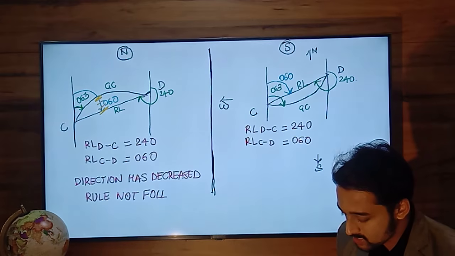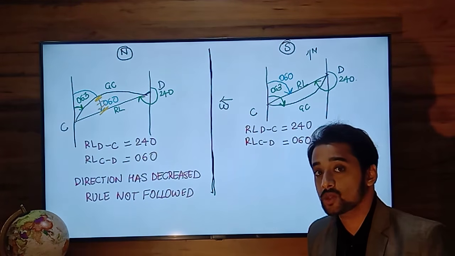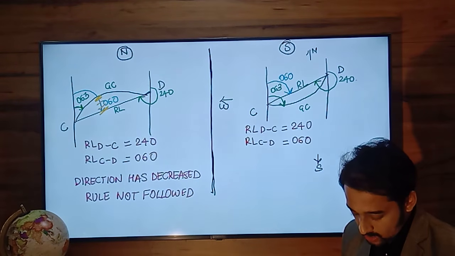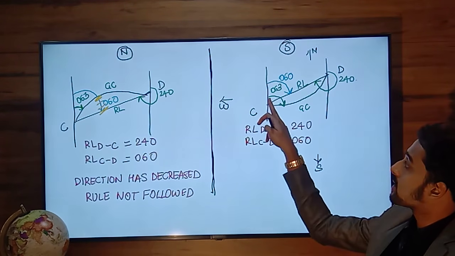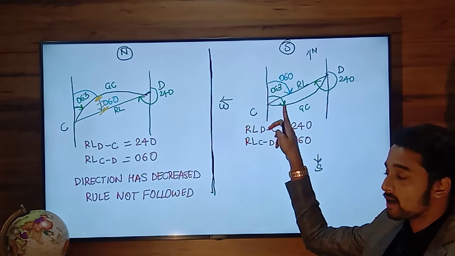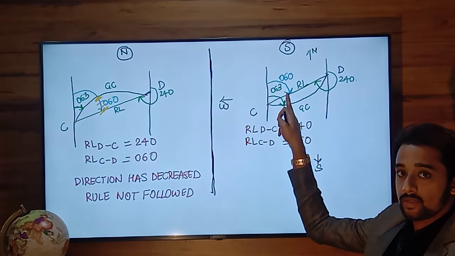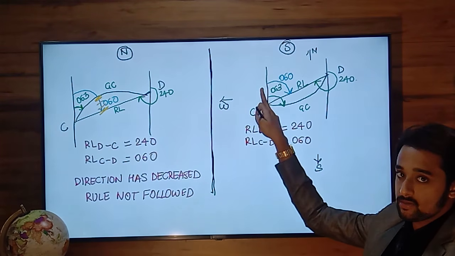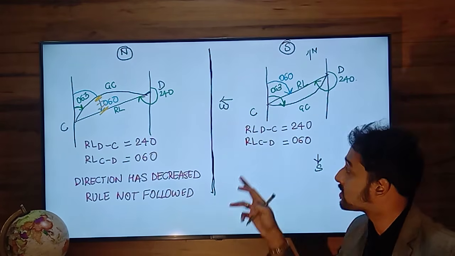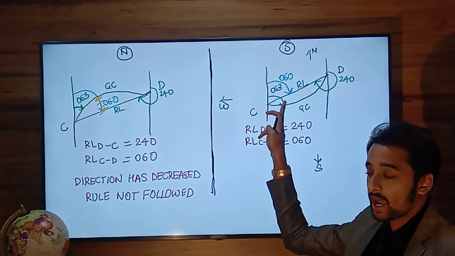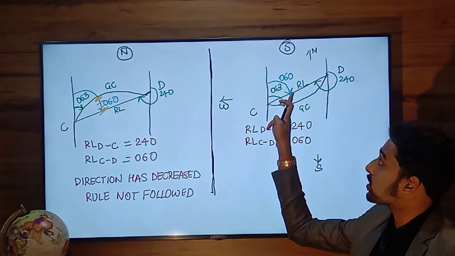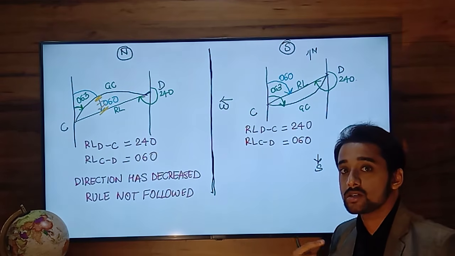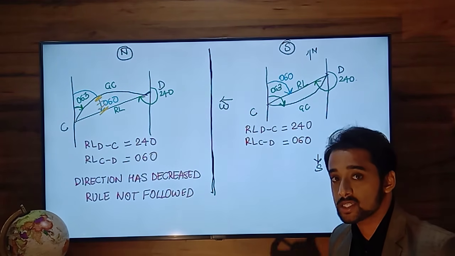So the chances are the northern hemisphere is not the correct hemisphere that we are looking for. Now let's go to the southern hemisphere. In the southern hemisphere, what do we see? Great circle was the bigger angle 063 and rhumb line was the smaller angle, which is great circle minus convergency angle. So when you go to the left hand side, the direction should decrease. You can see 063 is to the right of the rhumb line and the rhumb line is to the left of 063 or great circle. Therefore, it is less than 063, which is 060. So this southern hemisphere diagram follows the rule.